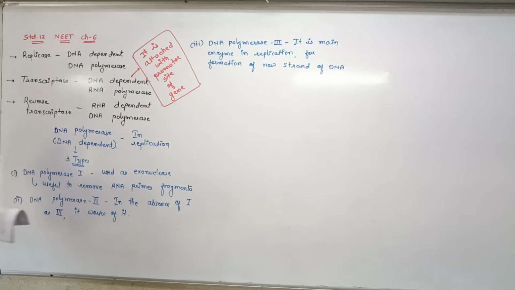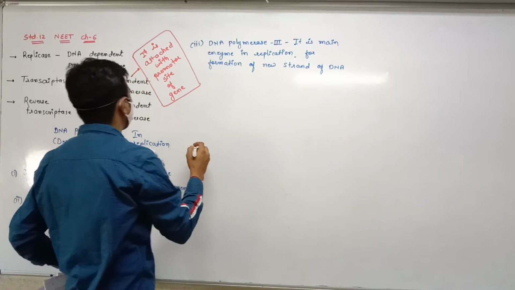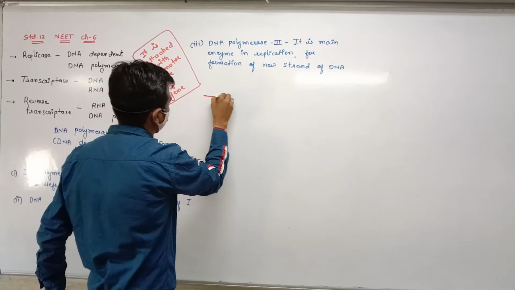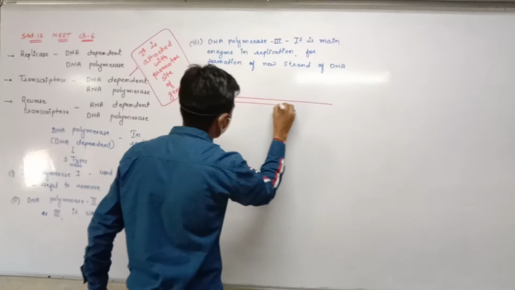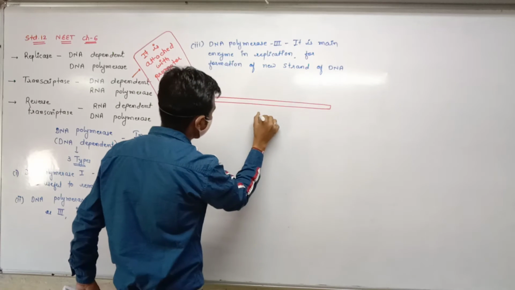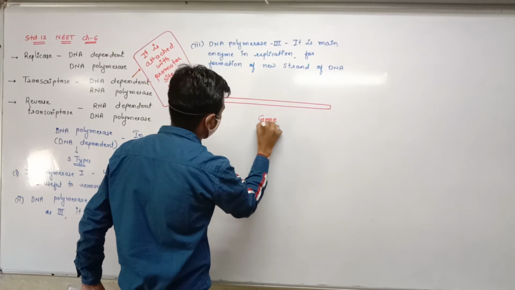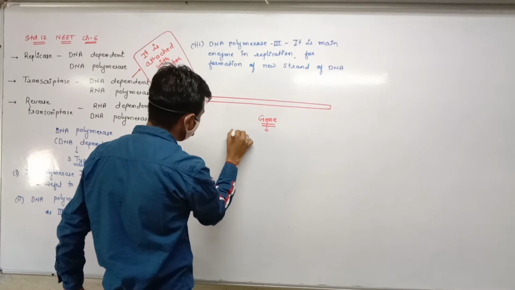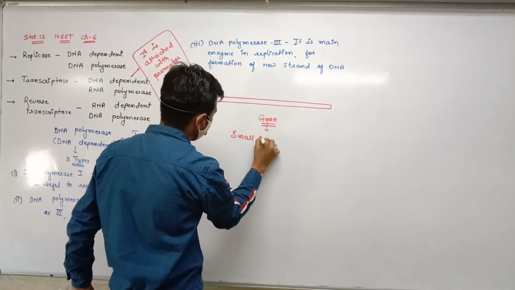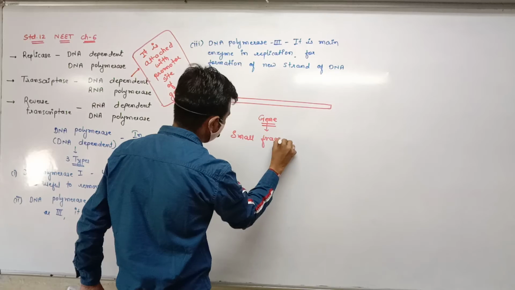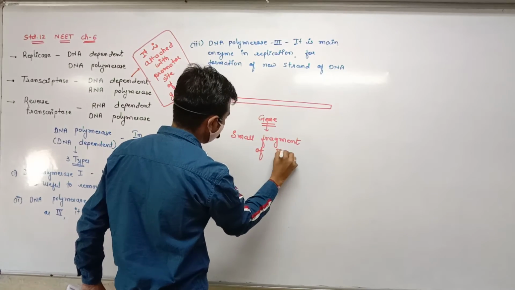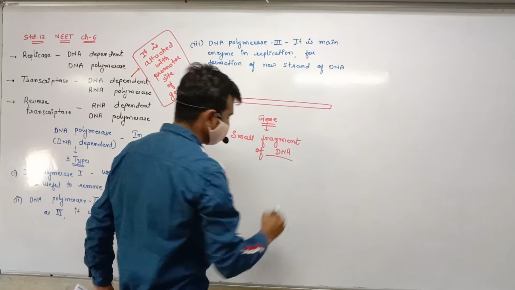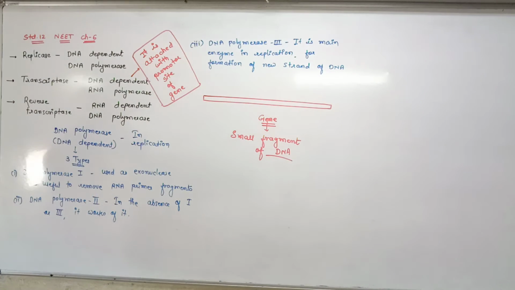So now you know that a small fragment of the DNA is the gene. Suppose this is the gene, which is nothing but a small fragment of DNA. It consists of 4 regions.